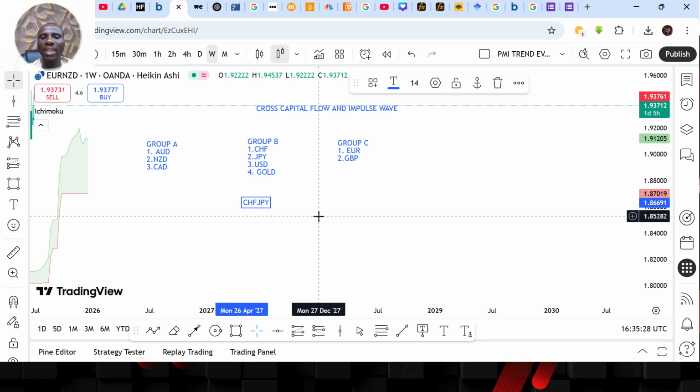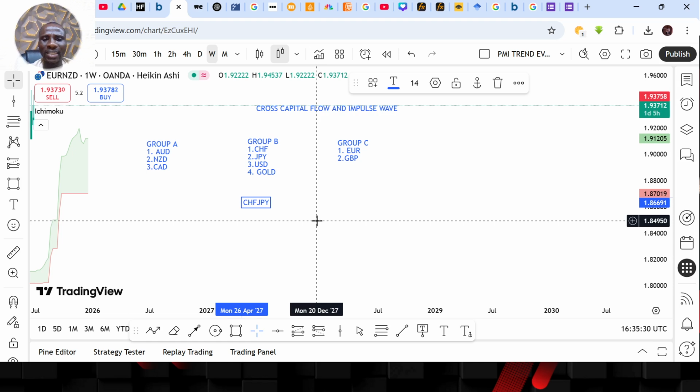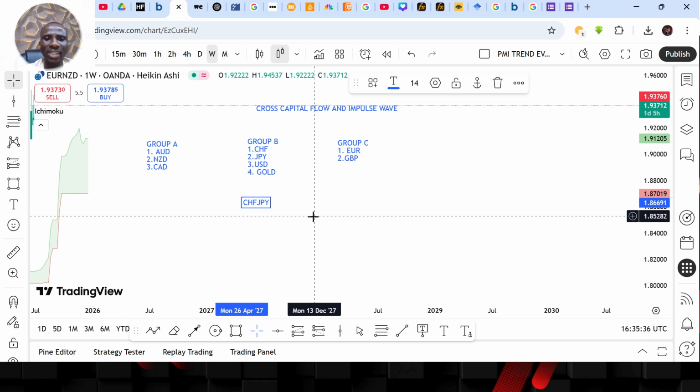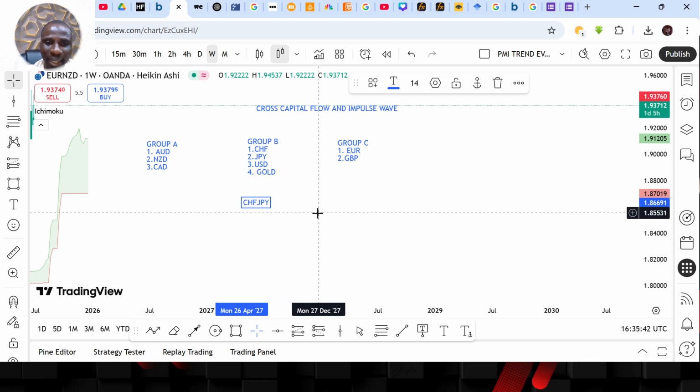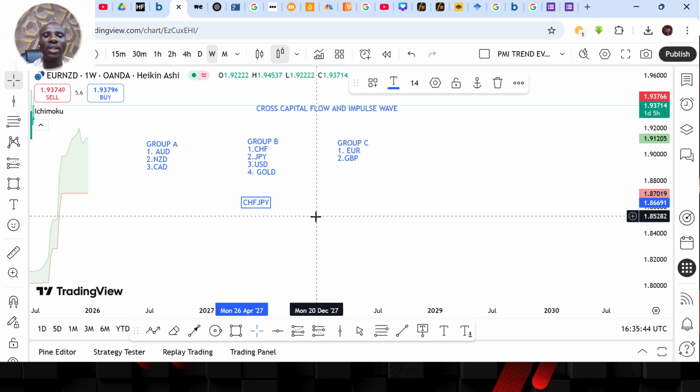Which means that if, at a particular point in time, let's say a particular week, the economic or geopolitical stance in the global forex market is making capital flow into CHF, and you pair CHF with JPY, it should be that sentiment or another global stance, or set of economic indicators, is ensuring that capital is flowing away from JPY.